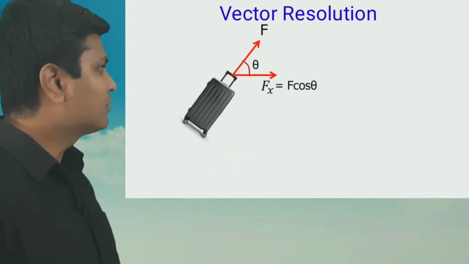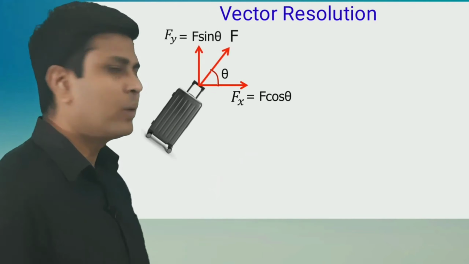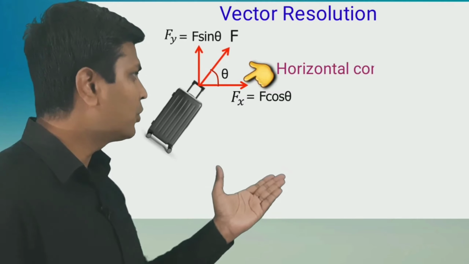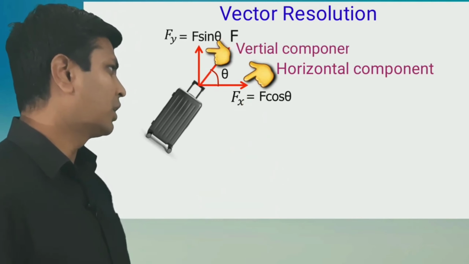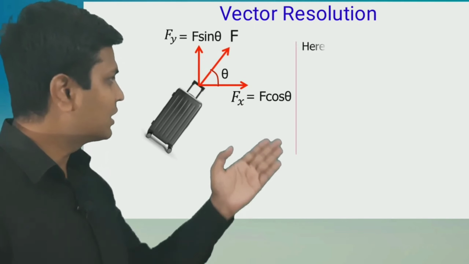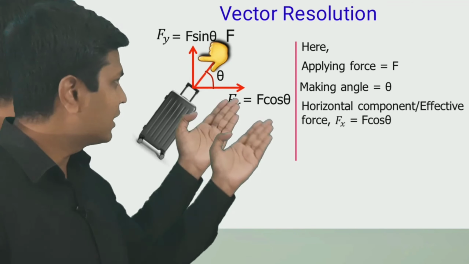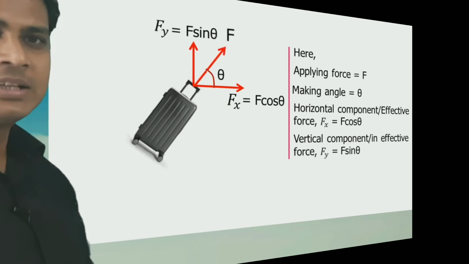In the figure, you can see the vector divided into a horizontal component and a vertical component. You have already learned the horizontal component is f cos theta and the vertical component is f sin theta.